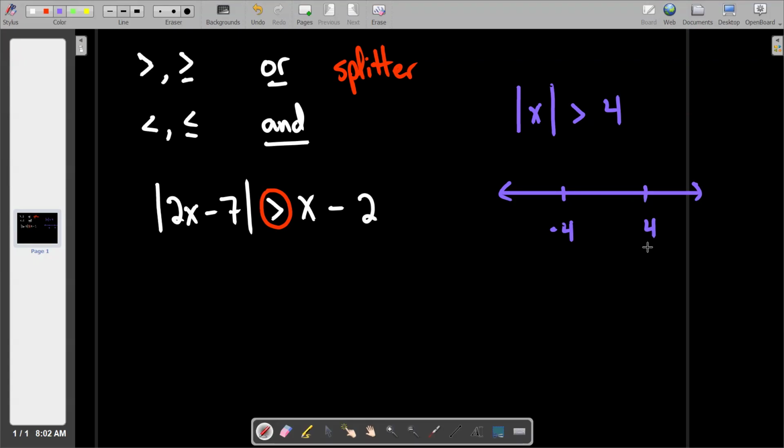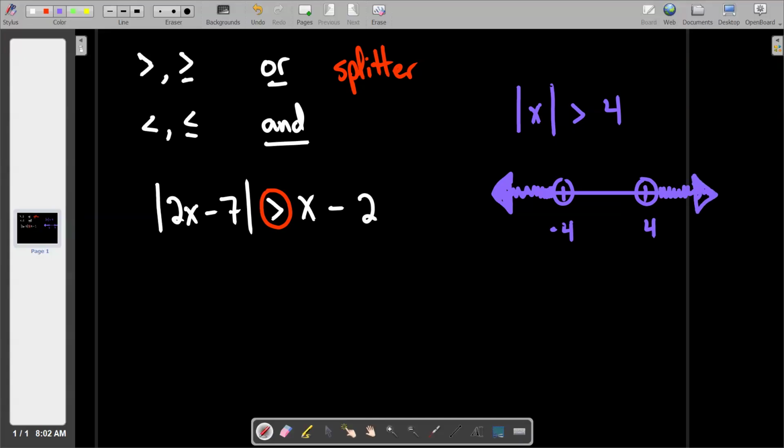So the question becomes, are the numbers that satisfy this situation between the 4s or outside the 4s? Correct. They're outside the 4s. And so what we see is that to have an absolute value that's greater than 4, you either have to be less than -4, like -5 or -6, or you have to be bigger than +4, like +5 or +6.